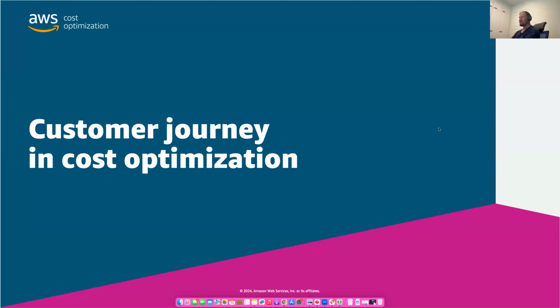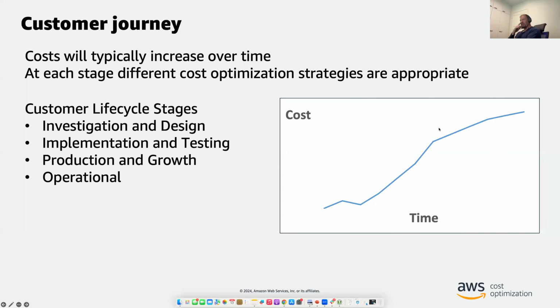We'll try to go through this part a little bit faster. It doesn't really come up too much in the exam, but let's take the next slide. The customer journey into AWS normally goes through a few stages. In the beginning, the customers are looking into how to go into the cloud, like investigating that.